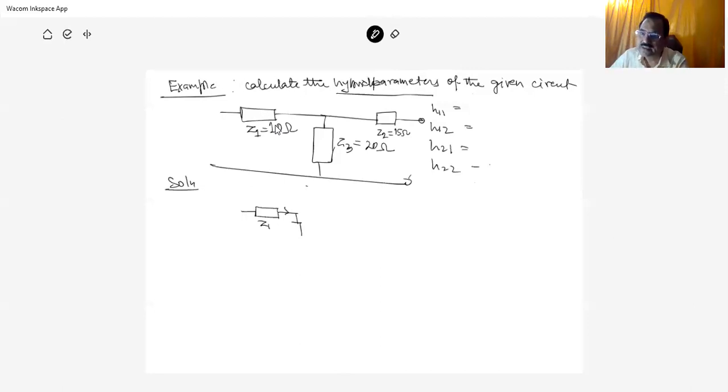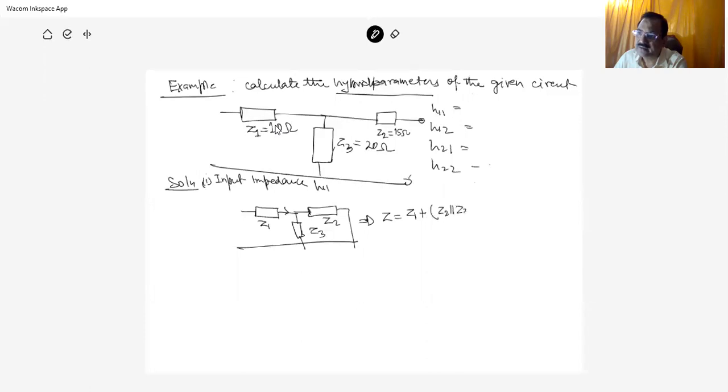So in this resistance, the first is input impedance H11. So for this we have to short circuit it. This is short circuited. So this is Z2, this is Z3, this is Z1. This short circuited gives Z, Z is equal to Z1 plus Z2 parallel to Z3.